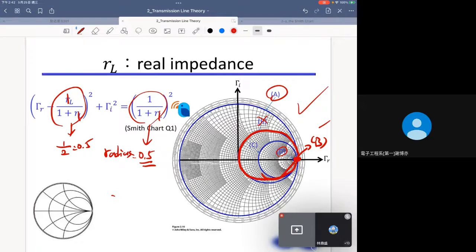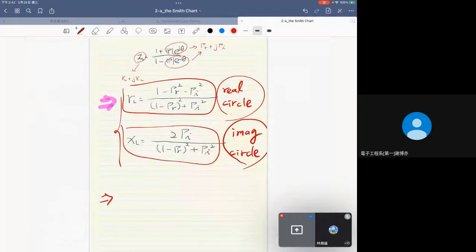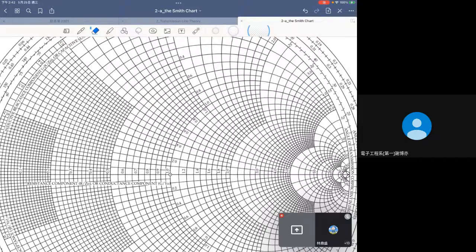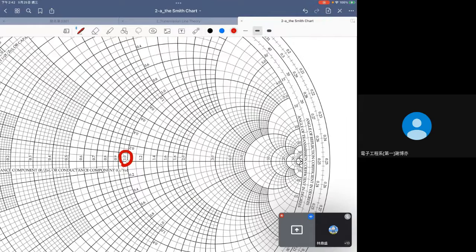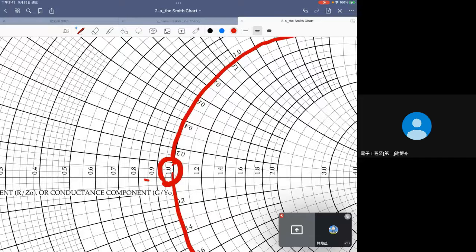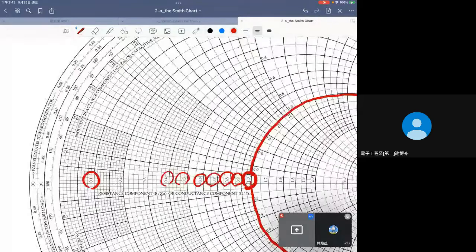Then come back to our Smith chart. You can see them again. This is a circle of 1. And you can see the number is getting smaller and smaller to 0.1 and then 0.